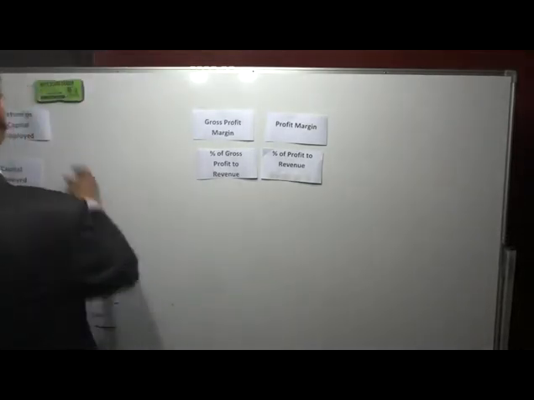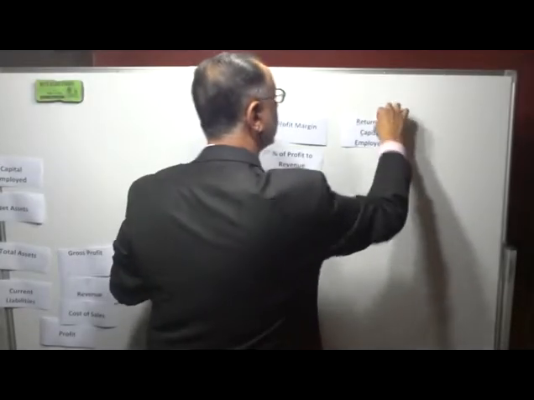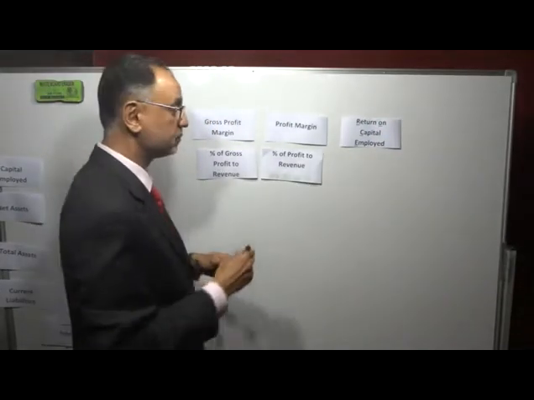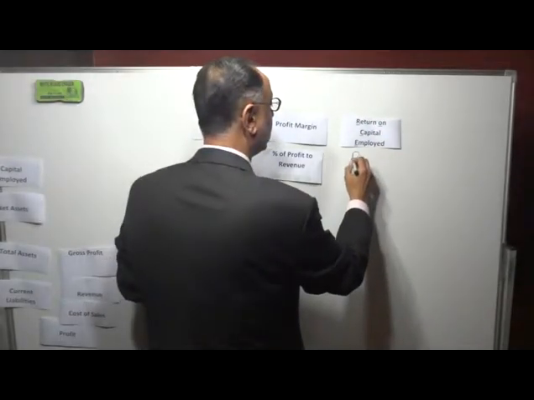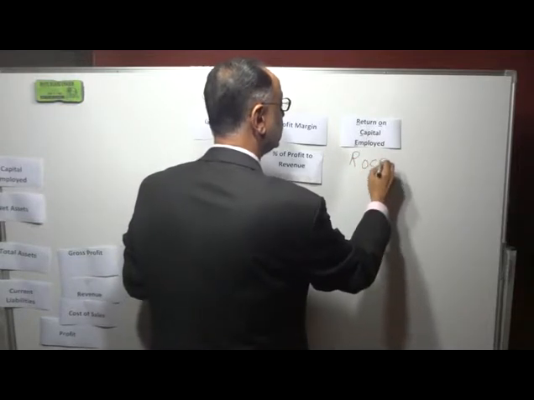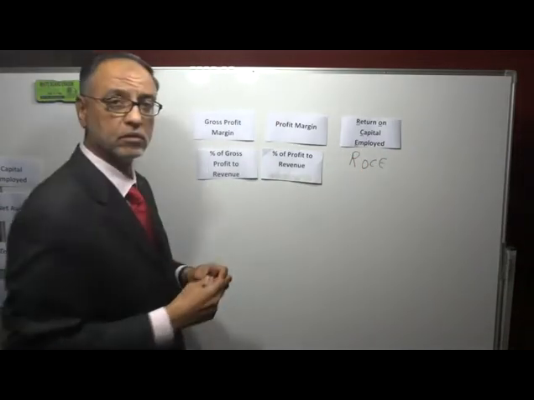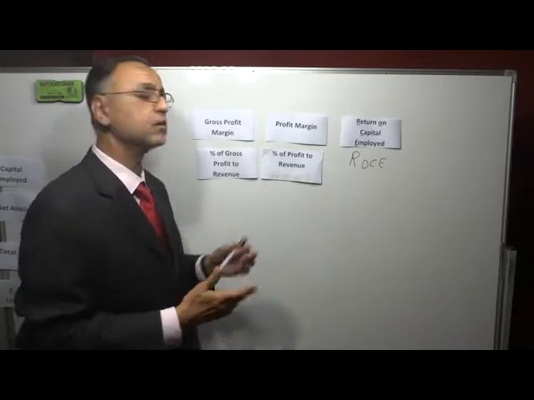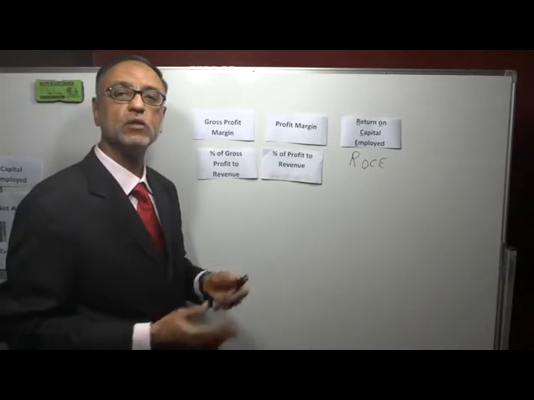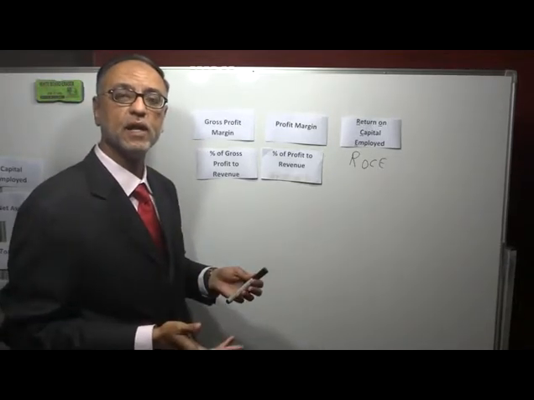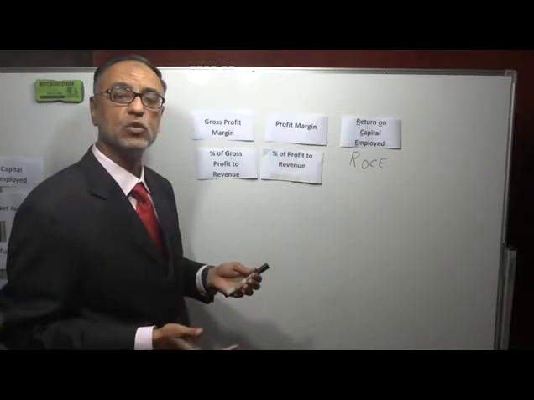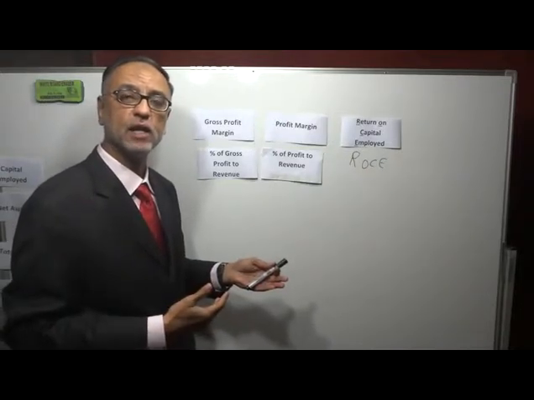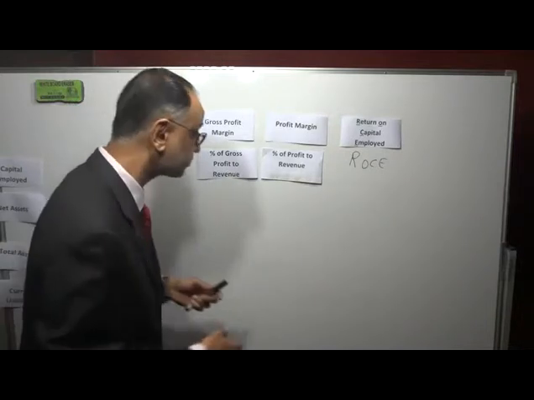Third one is return on capital employed, ROCE. There are other ratios, but these would give you a good idea about the ratios and how they are used to judge the companies and their management.